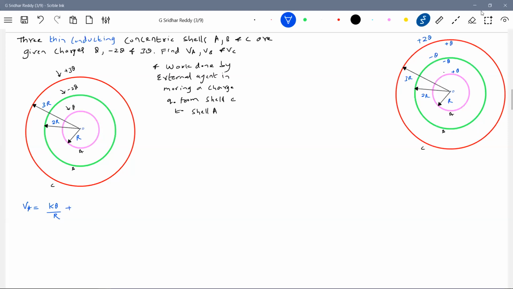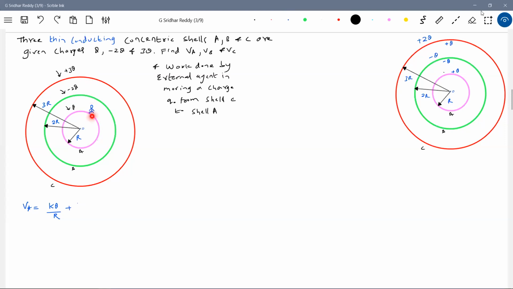Plus. Okay, then potential at point A here. Where is the point? The point is here. Assume that only shell A is there. What is the potential? KQ by R. Then assume that shell A and C are not there, only shell B is there.